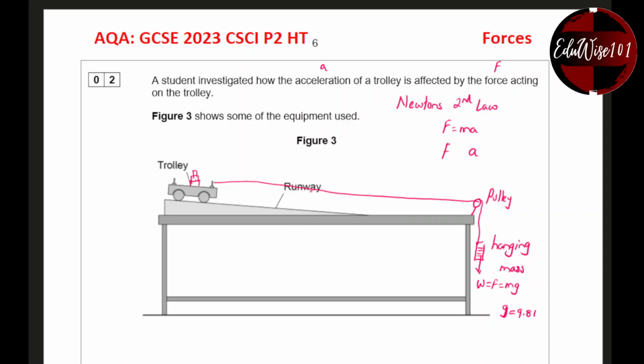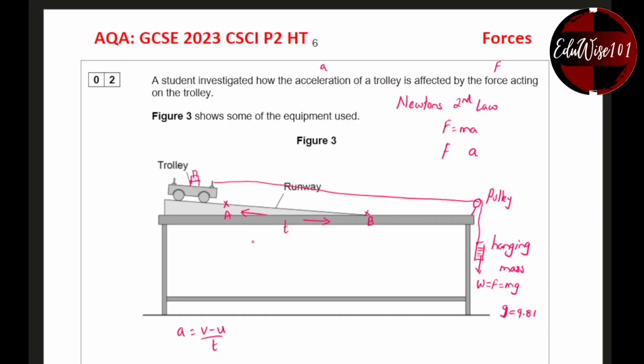In order to find the acceleration, you can use the equation: acceleration is change in velocity, or final velocity minus initial velocity, divided by the time. So you could mark a point A and then B on the runway, and time how long it takes for the trolley to go down this runway with this hanging mass.